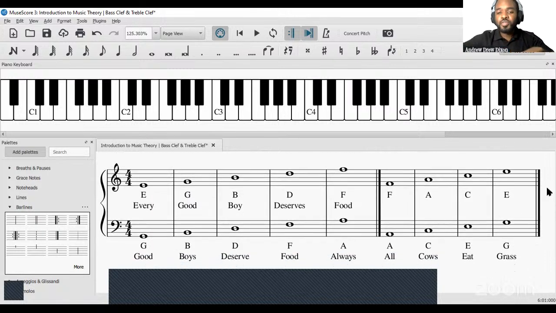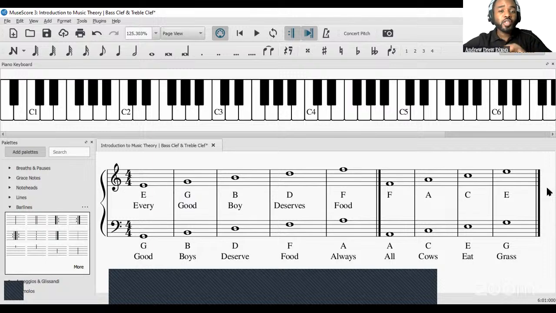Of course, those of you who are doing private lessons with me, most of you have already gotten both clefs. There are some persons who may have only been introduced to the treble clef because your particular instrument only requires you knowing the treble clef, but eventually you will get exposed to the bass clef as well, just so that you have enough knowledge.